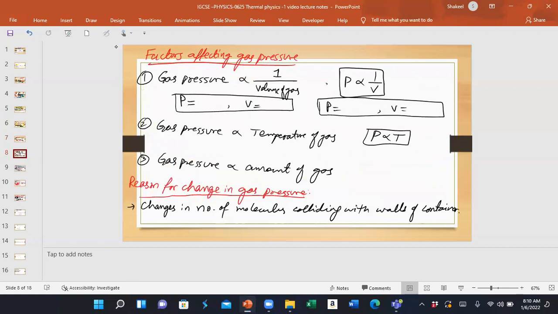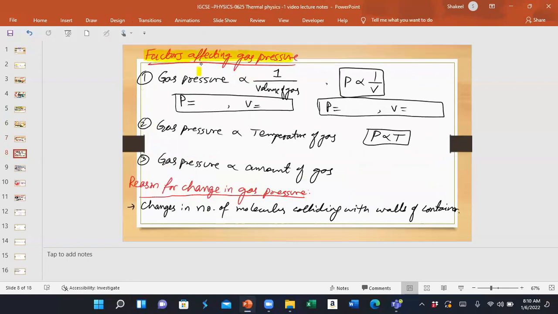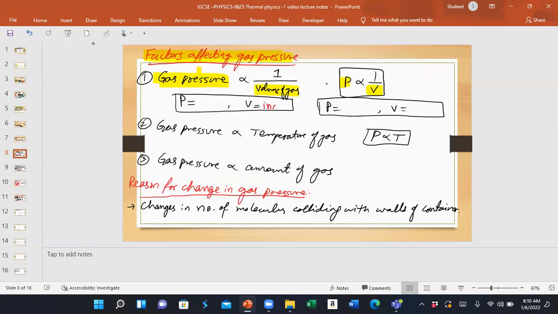Okay, now we have to look for some factors which can affect the gas pressure. The first factor is obviously the volume of the gas, and they are inversely proportional to each other. This means that if you increase the volume, the pressure of the gas is going to decrease, and if you decrease the volume, the gas pressure is going to increase.